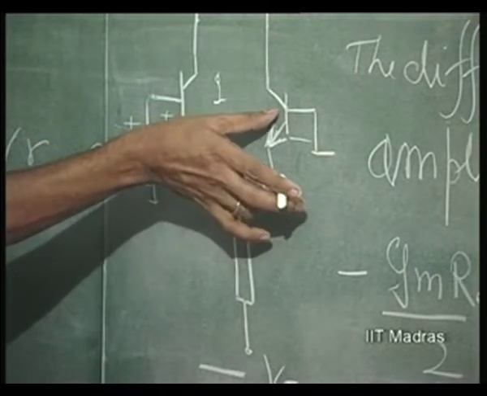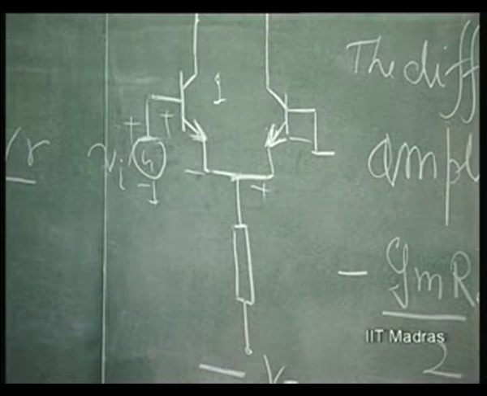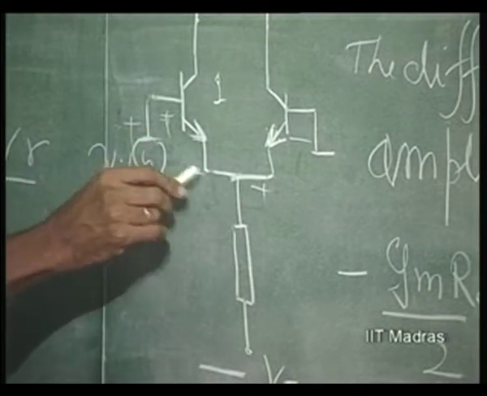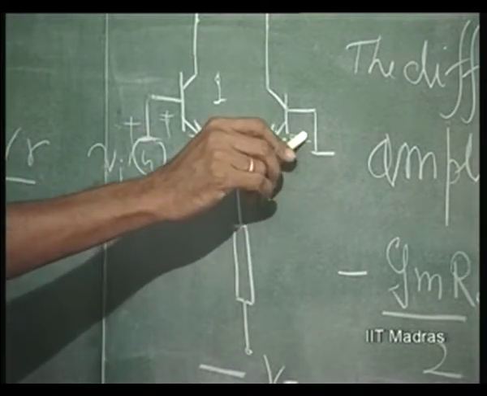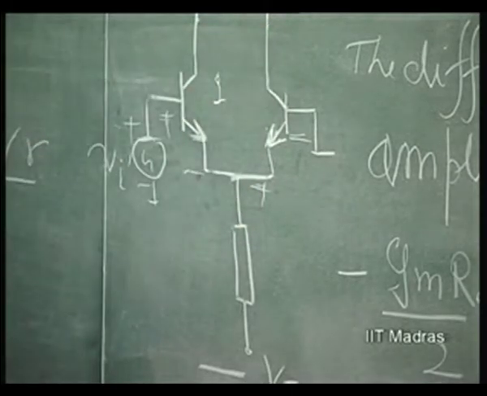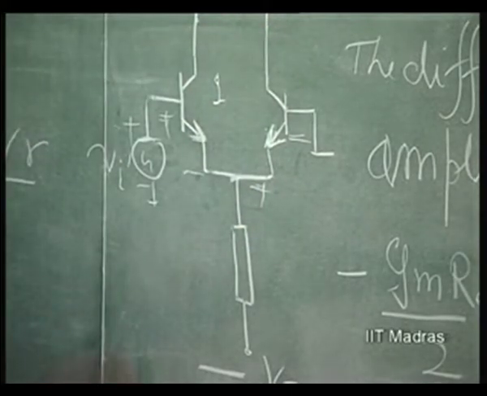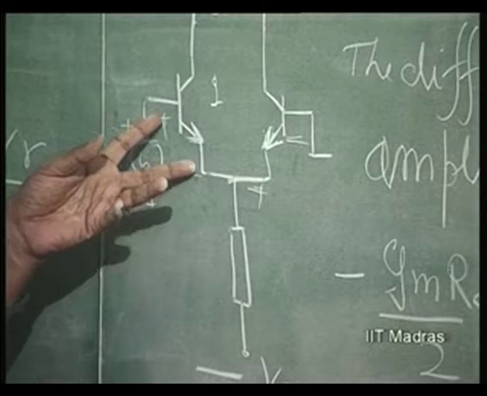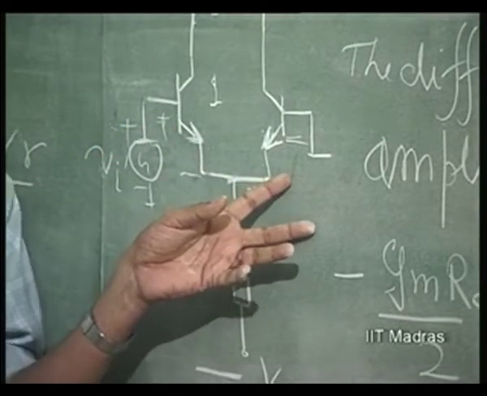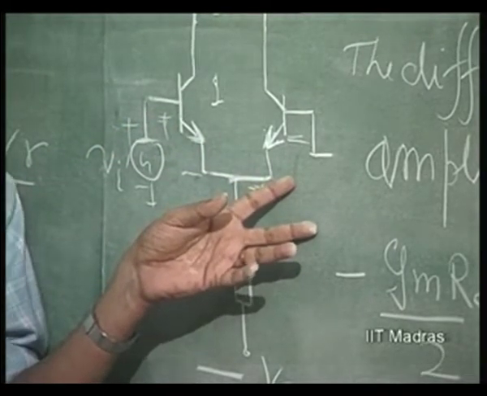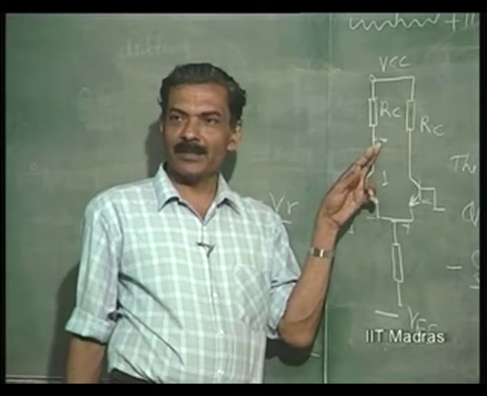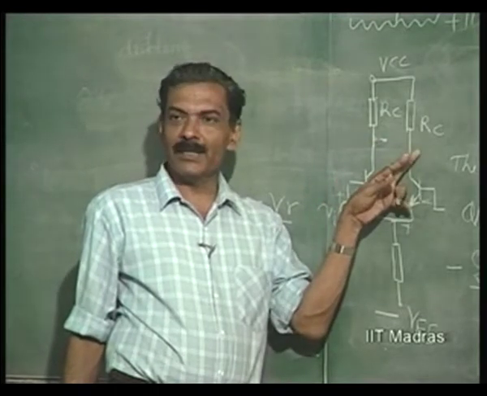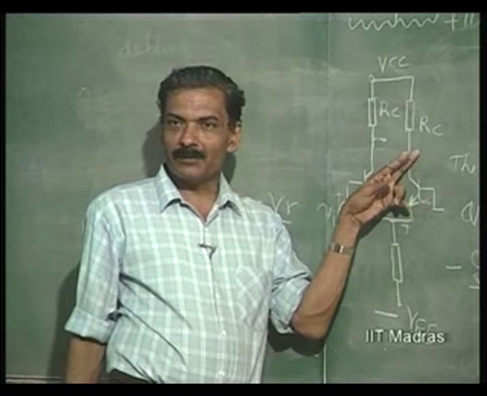This will go below the quiescent, because this will add on to the quiescent, and this is plus minus this way, which means this will get subtracted from the quiescent. This current will increase by some amount, and this current will decrease almost by the same amount. So, if this voltage increases by some amount, this voltage will decrease by almost the same amount.